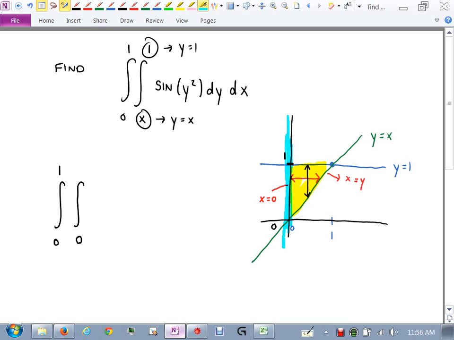And then what's the top one, or the side one? This one right there. What's that one? x is y. Do y'all see the difference? Then we go sine y squared dx dy.